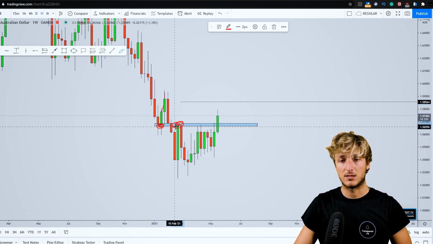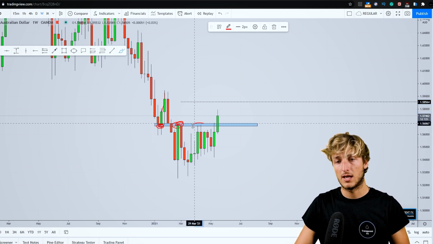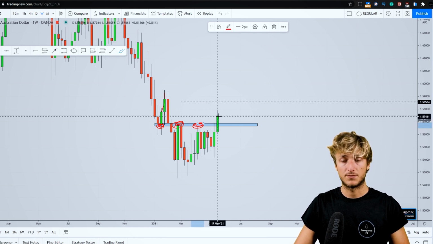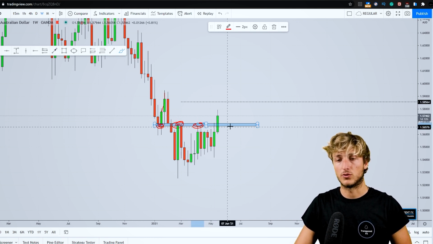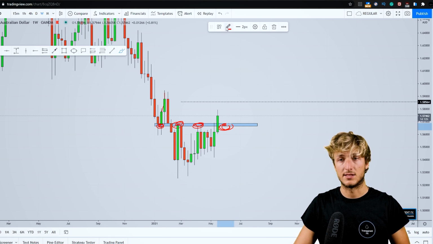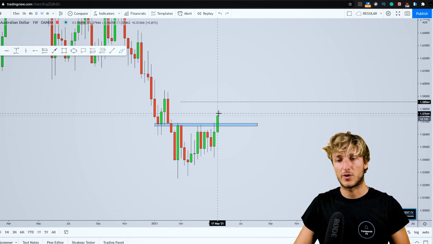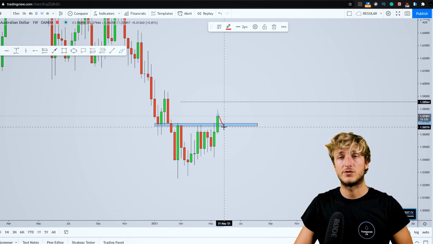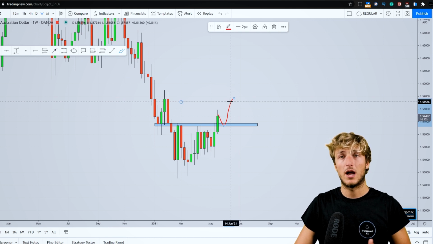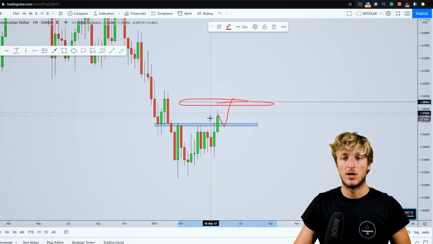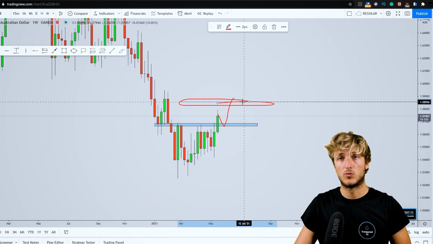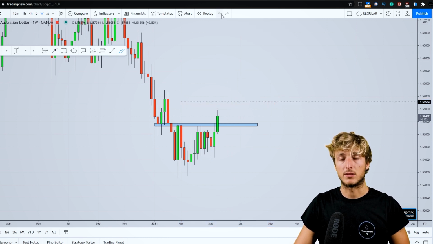The market tested this previous support turn resistance here, again resistance here, which now that the market has broken it to the upside, is turned support at this level. So what we expect is for the market to go for a retest of this previous resistance turn support before a rejection to the upside, possibly for the market to reach this 0.32 here from a monthly perspective.